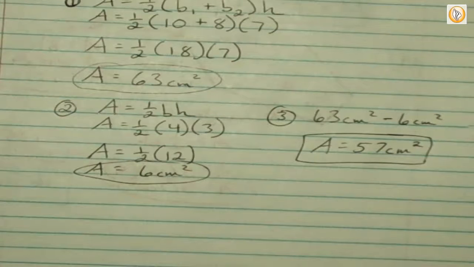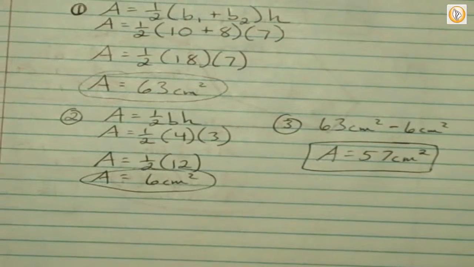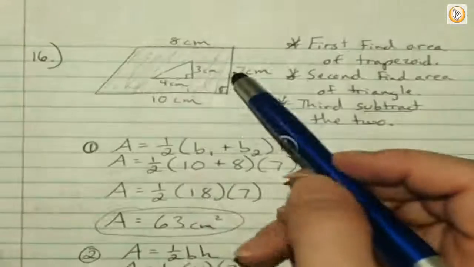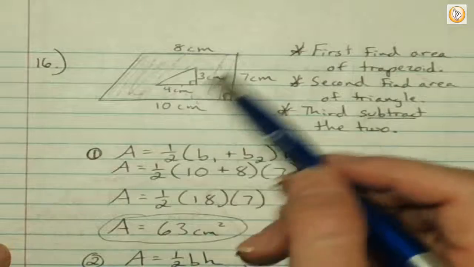Any questions about what we're doing? Can I ask a question on another problem on the paper? Okay. On 17, would that shape be a trapezoid or just a rectangle? Like the colored in one? No, you look at the whole shape. Like this right here is a trapezoid, the whole thing.